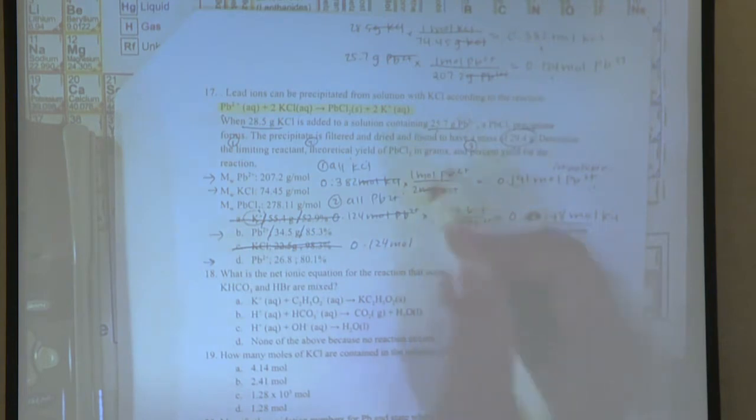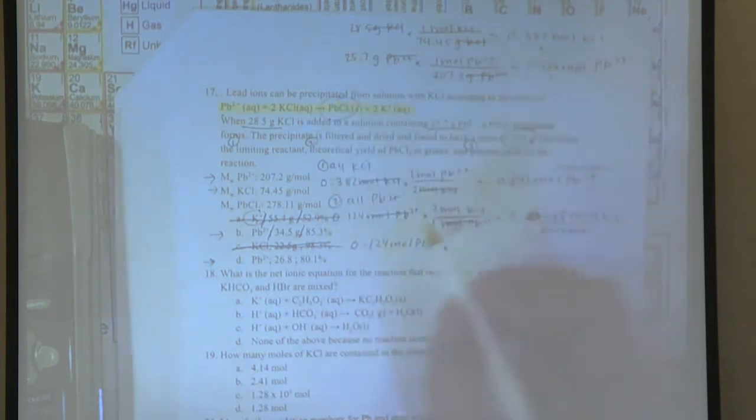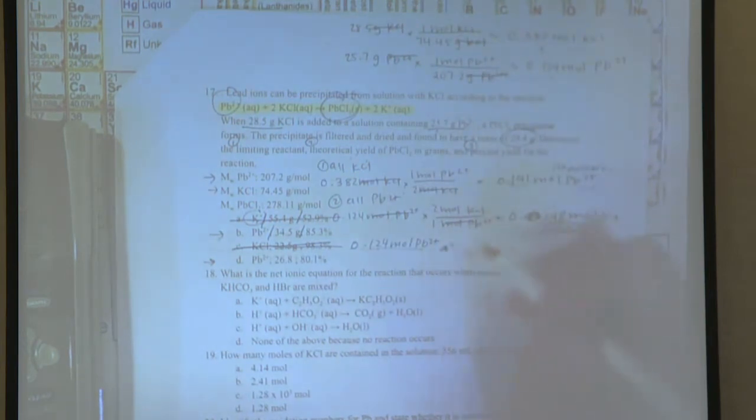And so that's the thing that I have to start with. That's what's going to determine what direction my reaction goes in. So I start with Pb2+, and I think, how many moles of PbCl2 can I make given the limited amount of Pb2+ that I have? These are in a 1-to-1 ratio, if you see that. So that's going to be the number of moles of PbCl2 I can make, right?